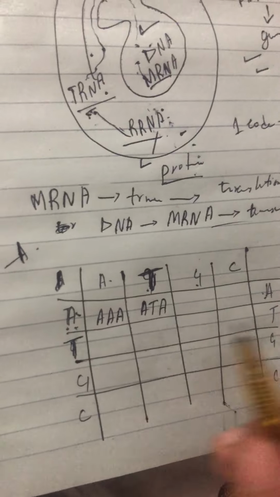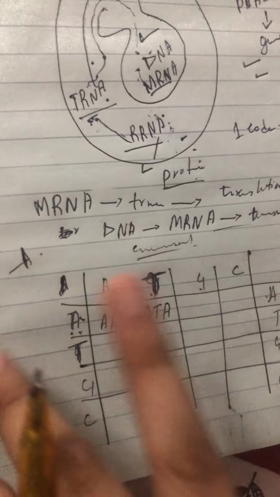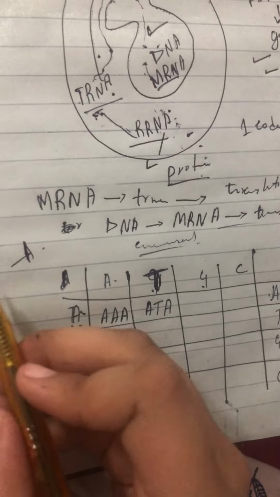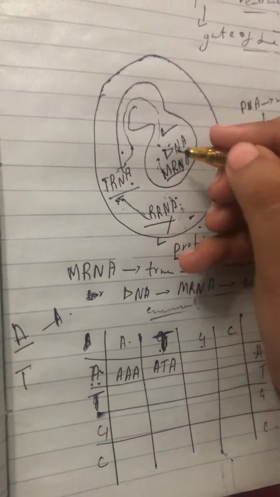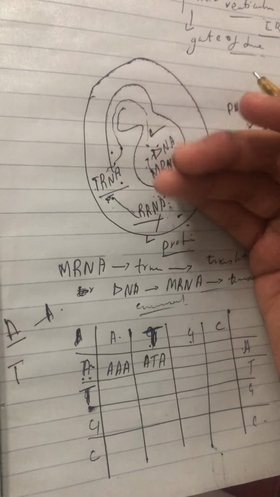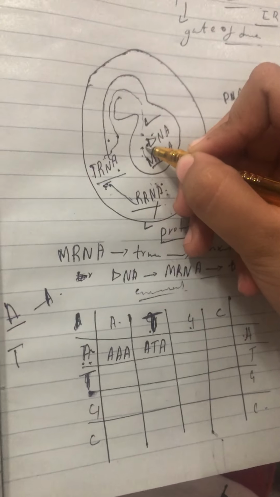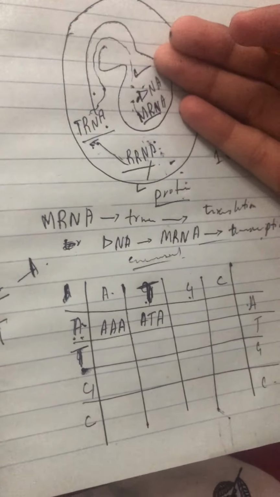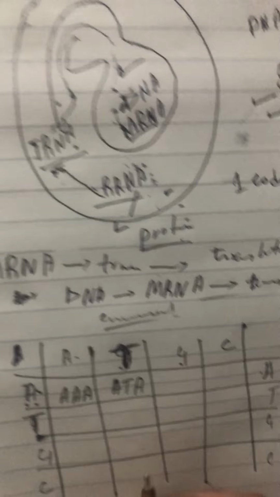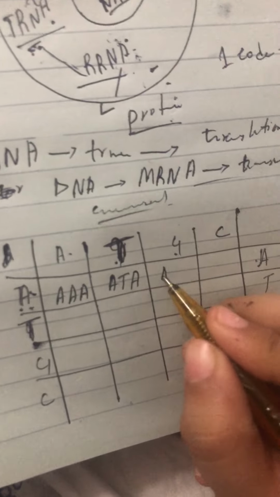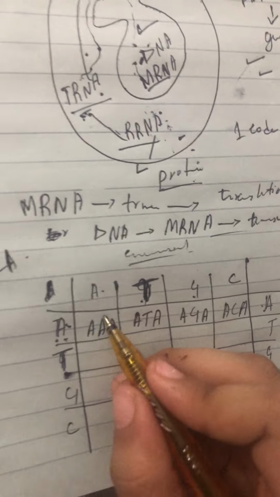Adenine, guanine, adenine. I am making generally, right? We can also make it in a different form, like first we can make adenine, then thymine. mRNA will get information in the form of adenine. We can say adenine will be present there, or thymine, or cytosine, like any nitrogenous base. Here I am making generally. Then AGA, ACA. Here you are seeing the codes, right?